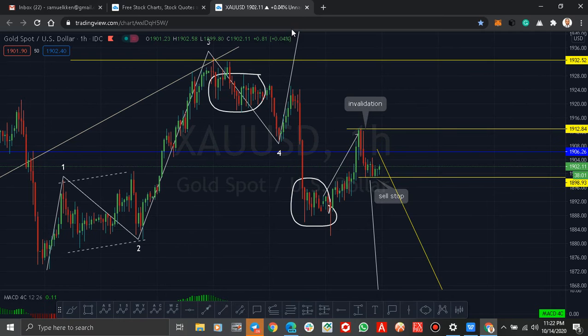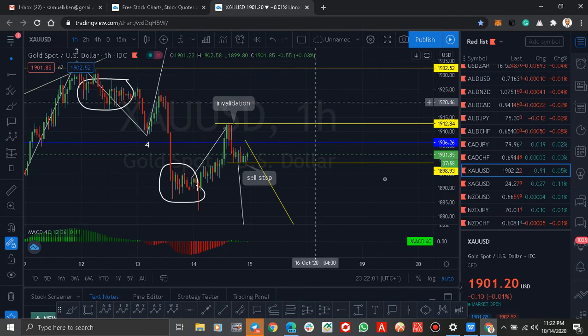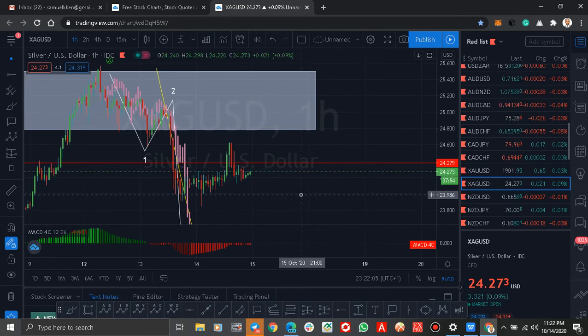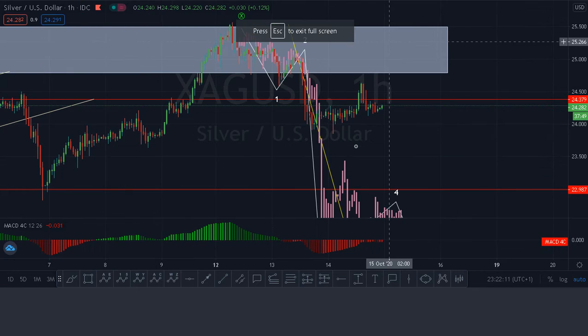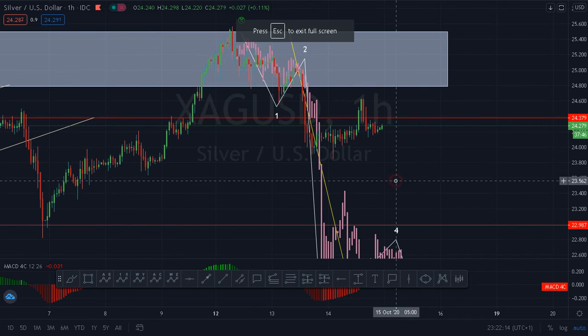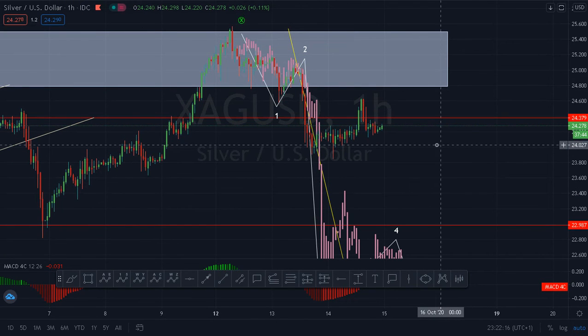Okay, that's for gold. Gold and silver is always the same type of movement. Okay, yesterday I did something. Silver is even more interesting than gold.